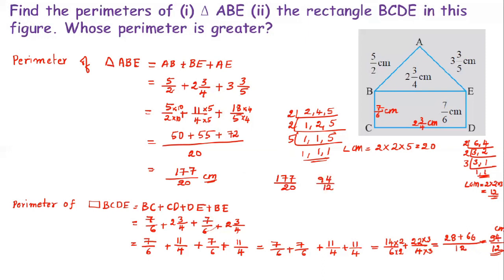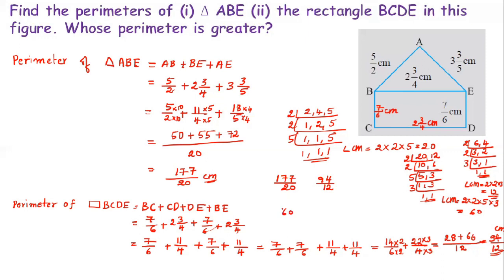To compare, denominators are not equal. To make the denominators equal, find the LCM of 20 and 12. 2 fives are 10, 2 threes are 6, 5 ones are 5, then 3 ones are 3. So LCM is equal to 2 into 2 into 5 into 3. 4 fives are 20, 2 threes are 6, that is 60.